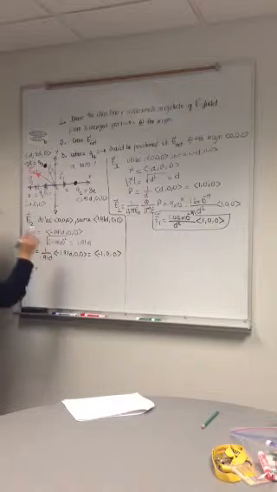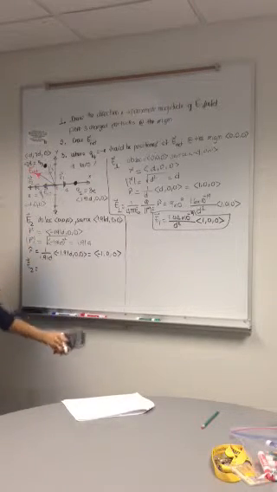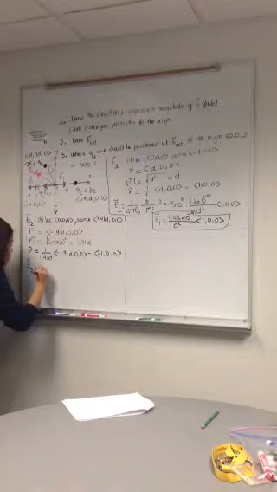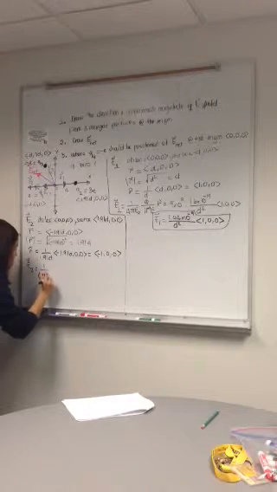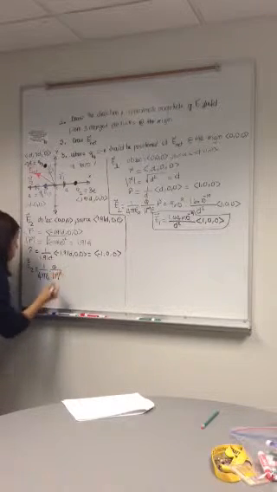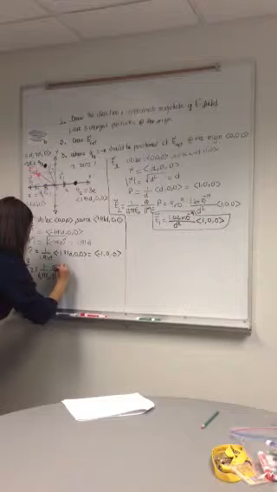For E2, we use the same formula for the field of a point charge. That will be 1 over 4 pi epsilon naught times q over the magnitude of r squared times r hat.